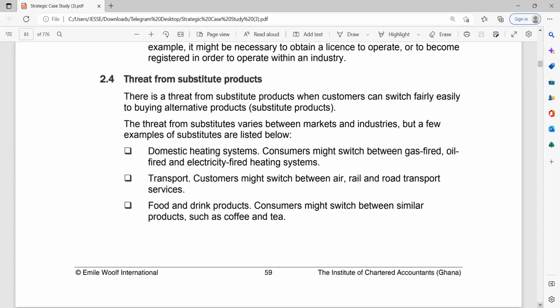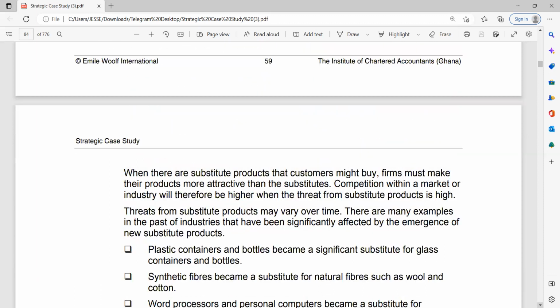Number one, you have domestic heating systems. Consumers might want to switch from gas-fired to electricity-fired heating systems. In the transport industry, this could also happen. Customers might want to switch from road transport to, let's say, air transport. So these are all examples.